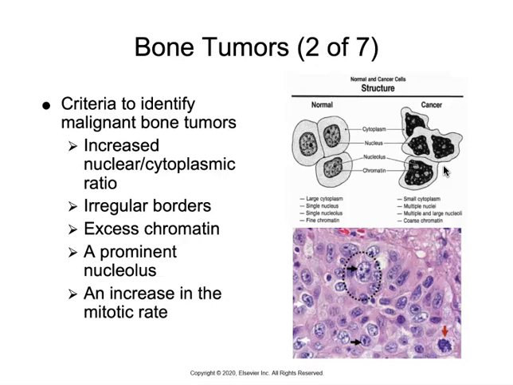And the main function of chromatin is to package our DNA into a unit capable of fitting within the tight space of the nucleus, right? And then a prominent nucleolus, so you can see the nucleolus here is quite large, and an increase in our mitotic rate. So we will have a lot more proliferation of these cells.